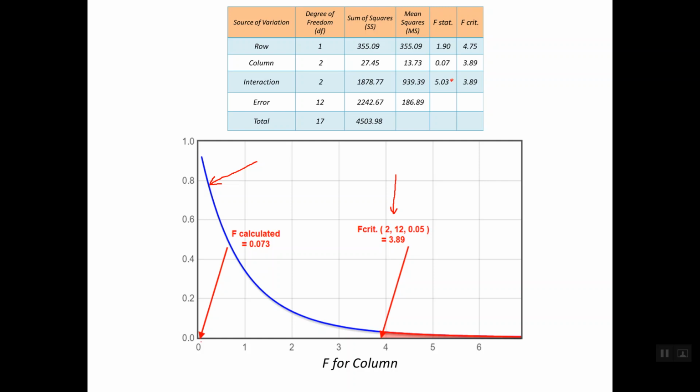And regarding the calculated value of F, here it is 0.07, while the value of the F critical is 3.89. So as the F critical is greater than the F calculated, we accept the null hypothesis.